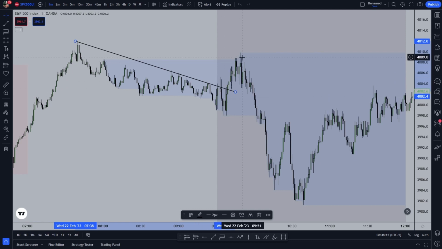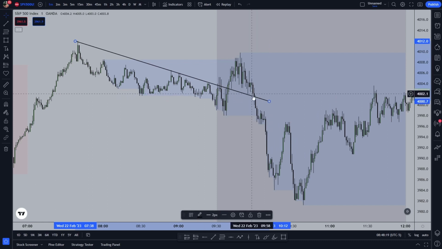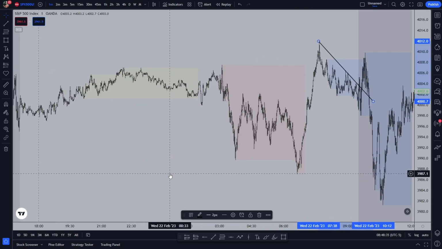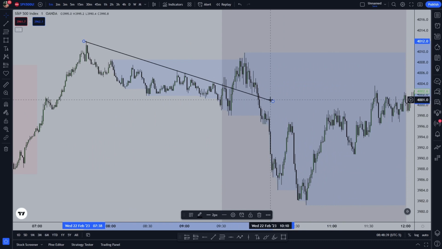It took the liquidity, and now lots of them will be willing to buy right over here, and they are targeting this high. But the thing is, it went up, came back down, and then it shorts to the downside and takes the low of the London session. Why does it take the London session low? Because there was sell side liquidity.